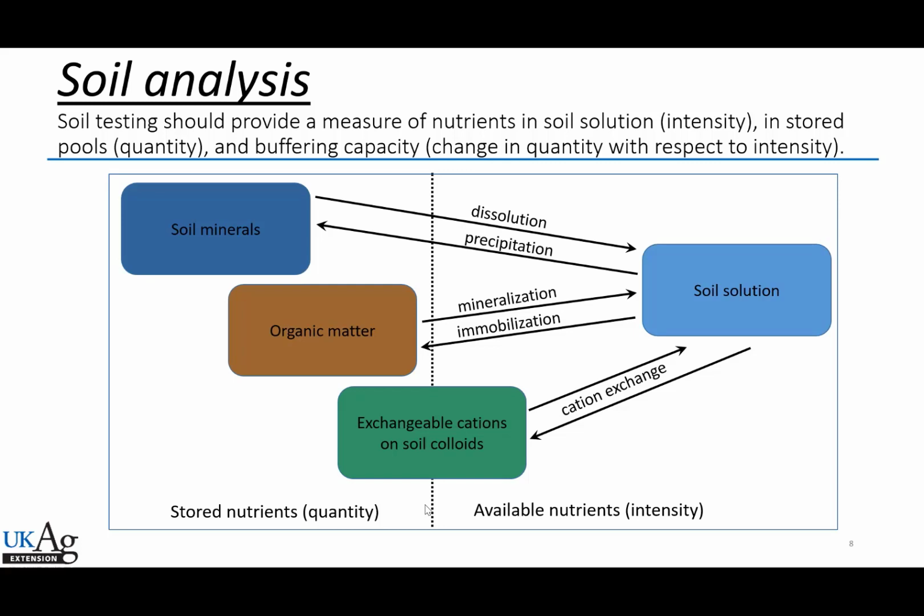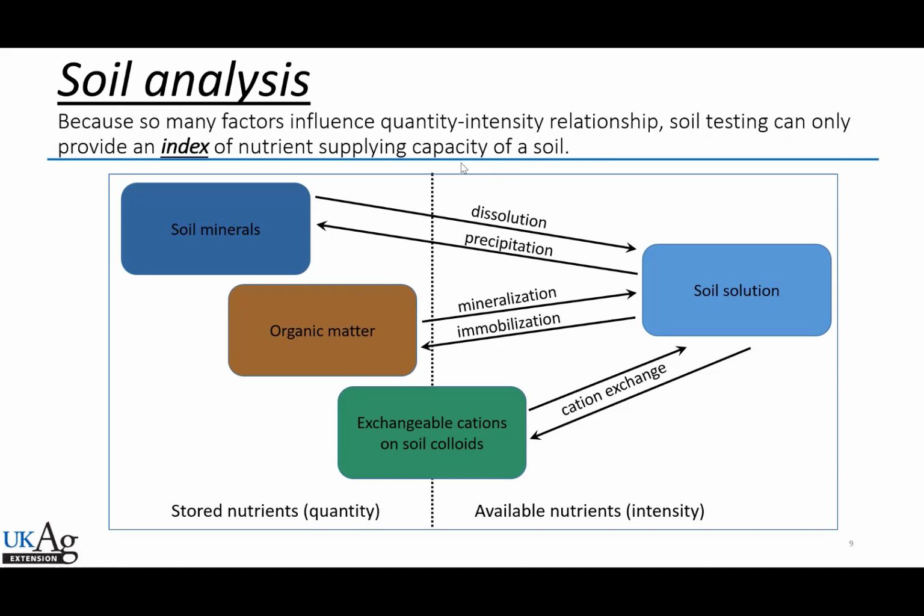They're stored, but they're going to probably be available this year. And so soil testing is trying to provide a measurement of that intensity and then some estimate of the quantity that will become available this year. And so that's the buffer capacity, that change in quantity with respect to the intensity. And so that's what soil testing is trying to do. But because so many factors influence the quantity intensity relationship, soil testing can only provide an index of nutrient supplying capacity of the soil.